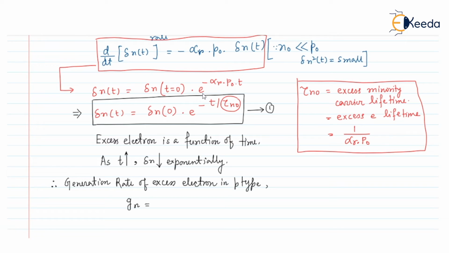This Gn will be equals to concentration of excess carriers generated divided by excess minority carrier lifetime.